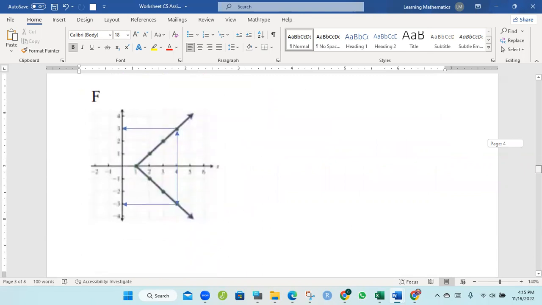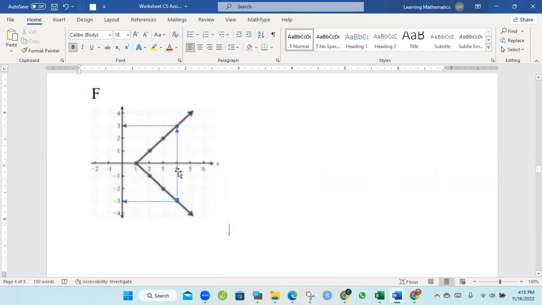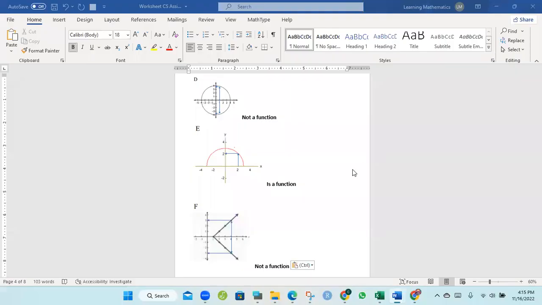So if here x equal 4 is mapping to 2 y's, which is more than 1, it maps onto 3 and -3. So clearly f is not a function. So here the only function is e, because each x maps only to one y.